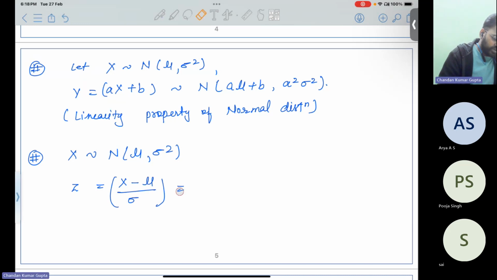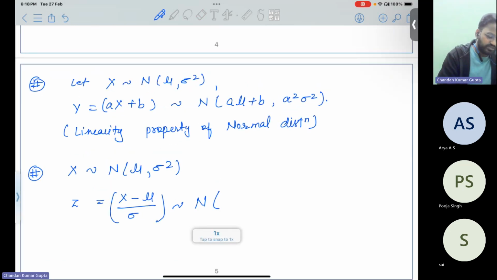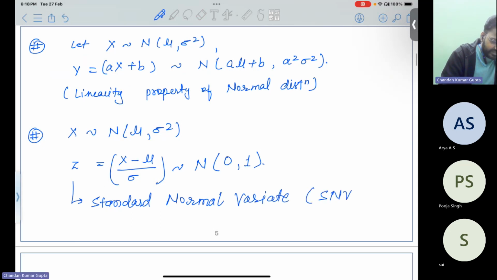It also follows a normal distribution with mean 0 and variance 1. This is called the standard normal variate, in short, SNV.